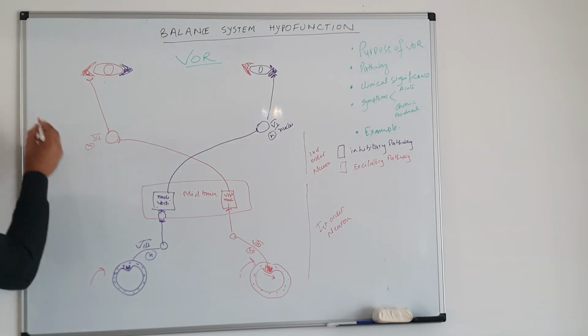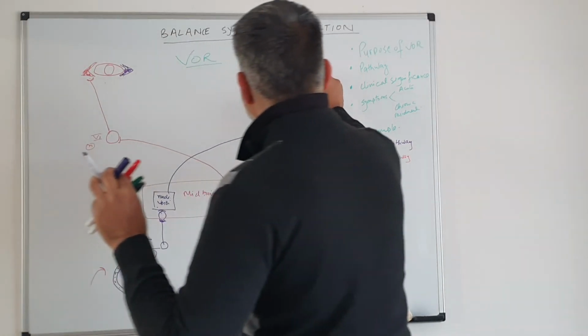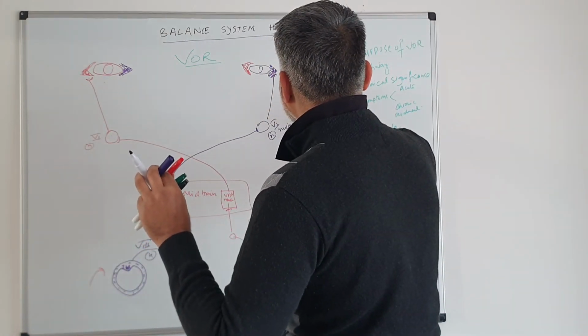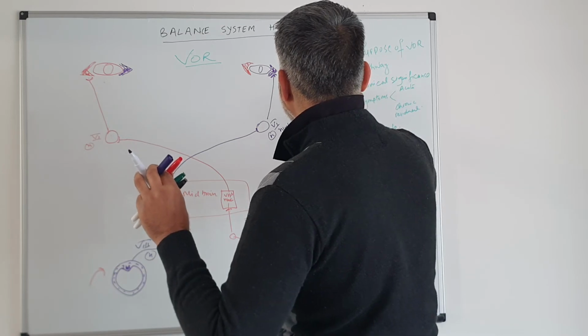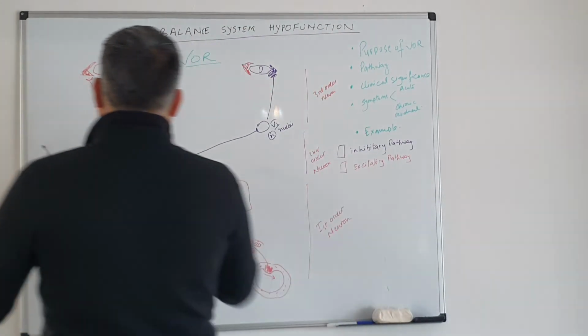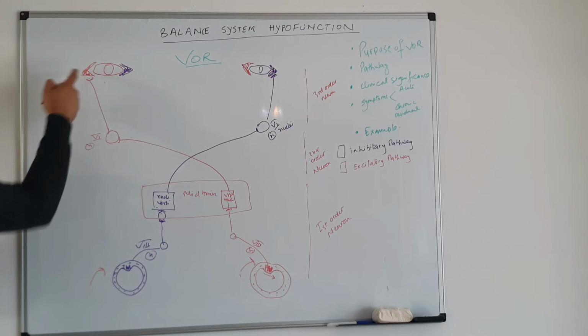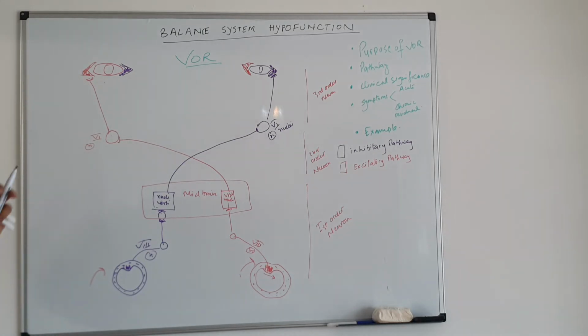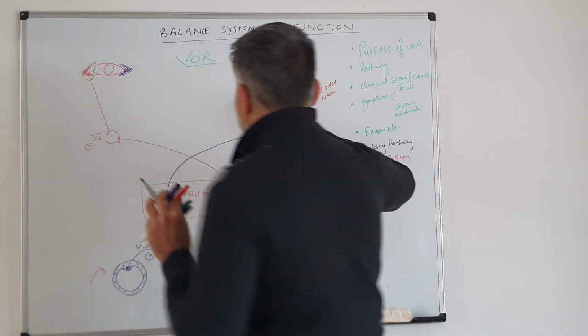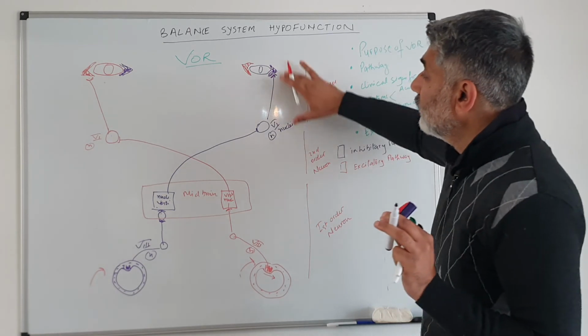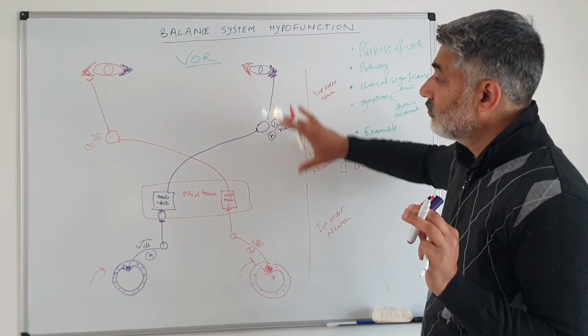Now the third order neuron travels from the sixth nerve nuclei to the opposite side, sorry, not the same side, the abducent nerve, your lateral rectus. And then the same side, inhibition of your lateral rectus.